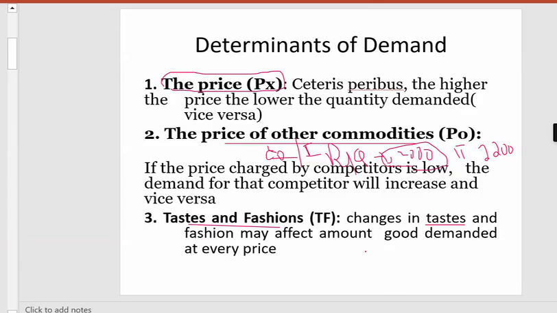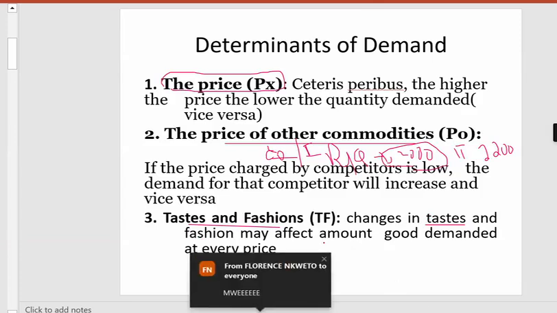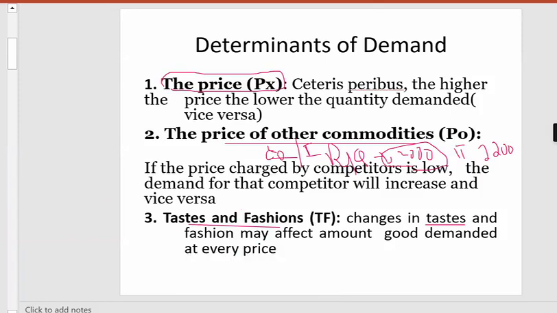Okay, for taste and preference, people prefer to purchase the new brand, right? Regardless of the price, if you don't hold other factors constant.